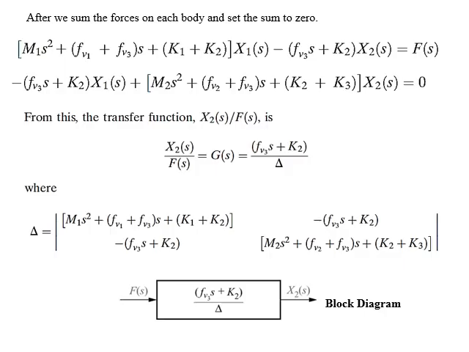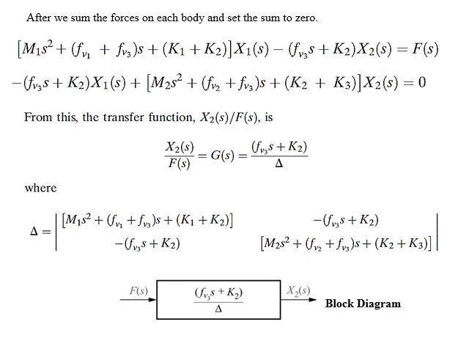Dear students, in the next step, we'll form the equation of motion. One side of the equation will contain the sum of all the forces acting in the direction of motion, and the other side will contain all the forces acting in the direction opposite to the motion.